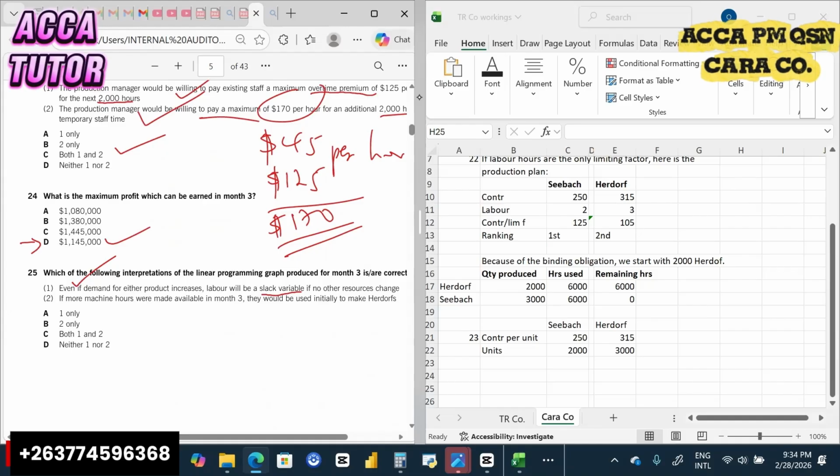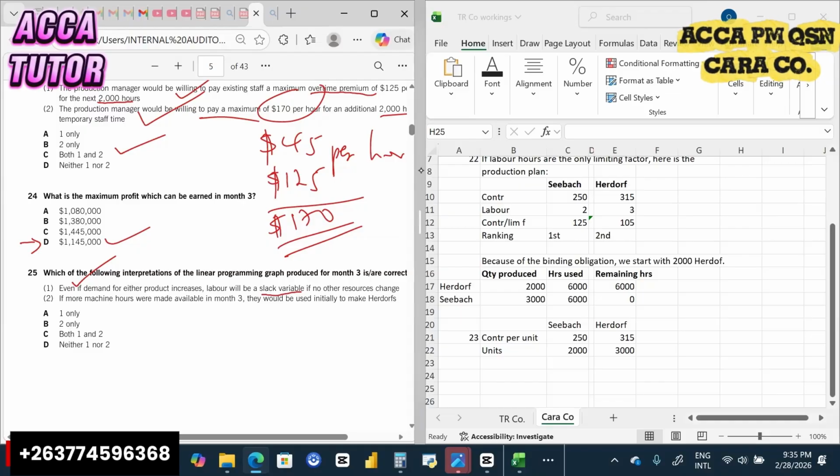What about number 2? If more machine hours were made available in month 3, they would be used initially to make head-offs. If we were going to obtain more hours, yes, it's correct, the machine hours have been used up, but we are told if we get more hours.